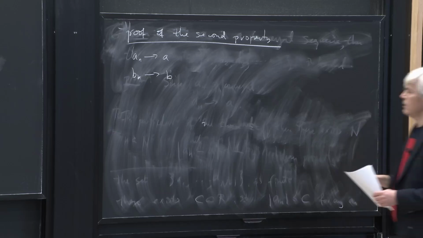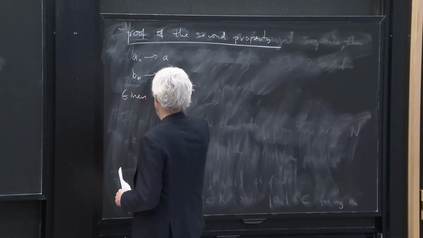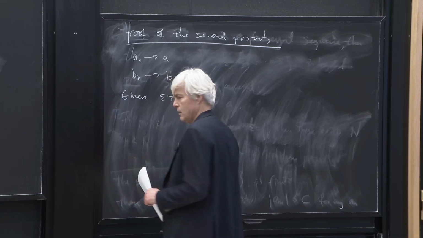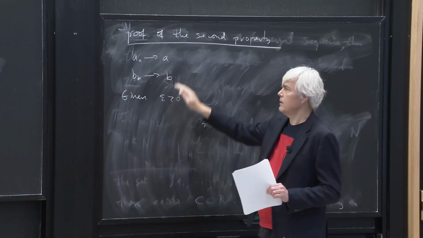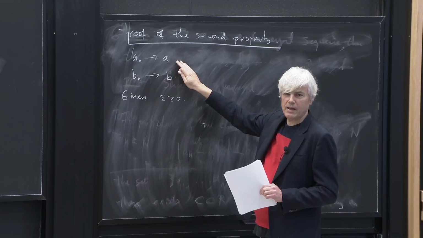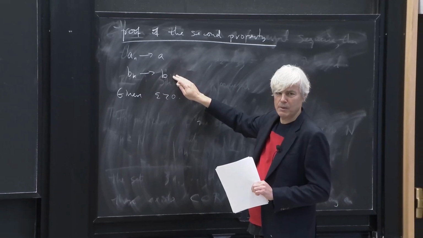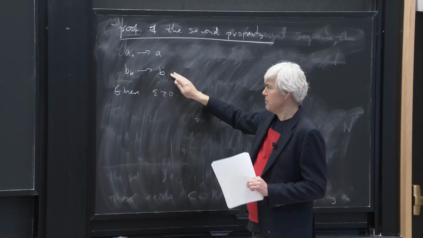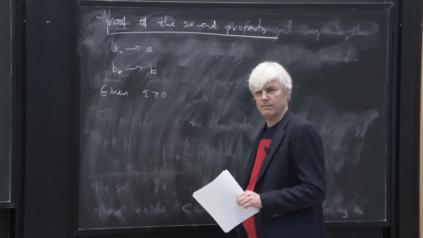So given epsilon greater than 0, I'm again not going to use this epsilon in the definition that An converges to A, and I'm not going to use it in the definition that Bn is converging to B, but I'm going to use epsilon over 2 in each of them.